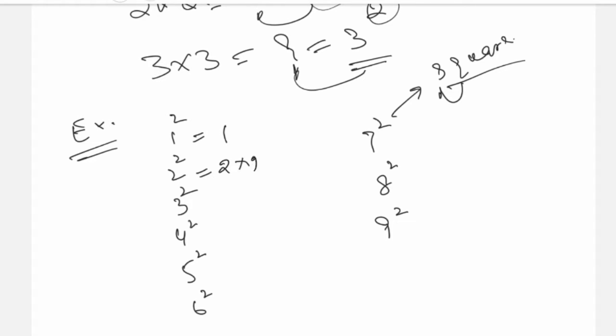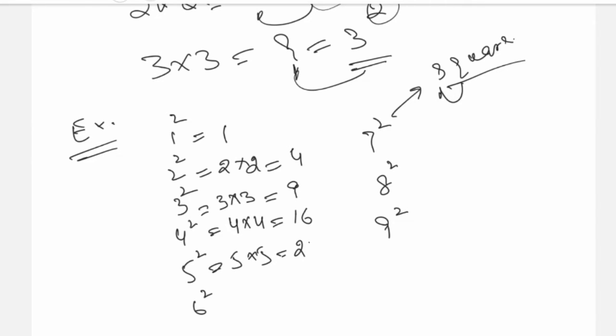It means 2 multiplied with 2, that is 4. 3 multiplied with 3 is 9. 4 multiplied with 4 is 16. 5 multiplied with 5 is 25. 6 multiplied with 6 is 36.